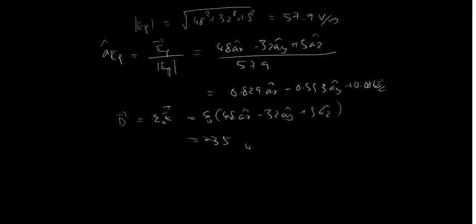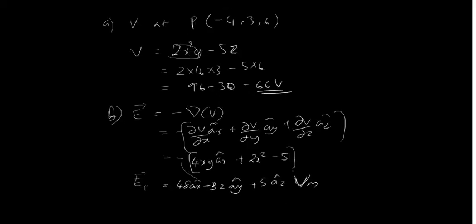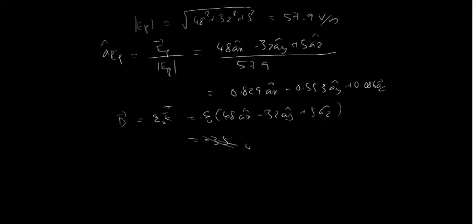Okay. D, we want the value of D not at P. So if you want D, you have to substitute in this expression. So here minus 4xy ax cap plus 2x square, so this is the expression, right? So I will erase this one now. The question is asked about flux density D, then we have to substitute, not now.